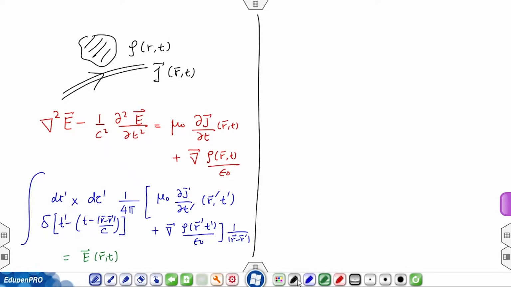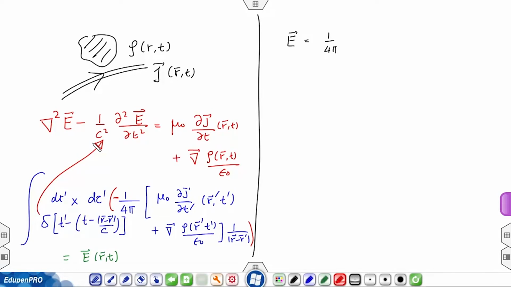So, let us now write it cleanly. For this source, E will be equal to 1 over 4 pi comes out. It should be with a minus sign, remember, because in my Laplace's equation there is this minus sign, and this delta function arises because of this wave part.